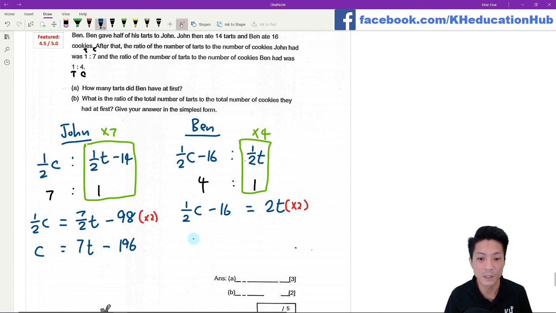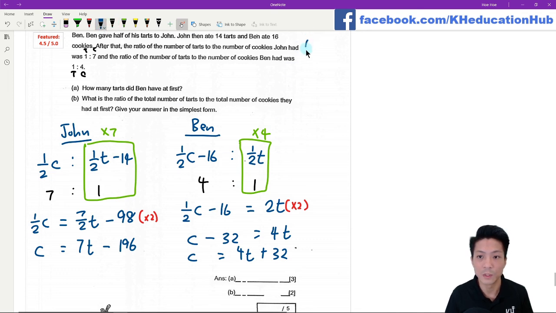As for here, the cookie minus away 32 is going to be equal to 4 times the tart, which means that the cookie will also be equal to 4 times the tart plus 32.